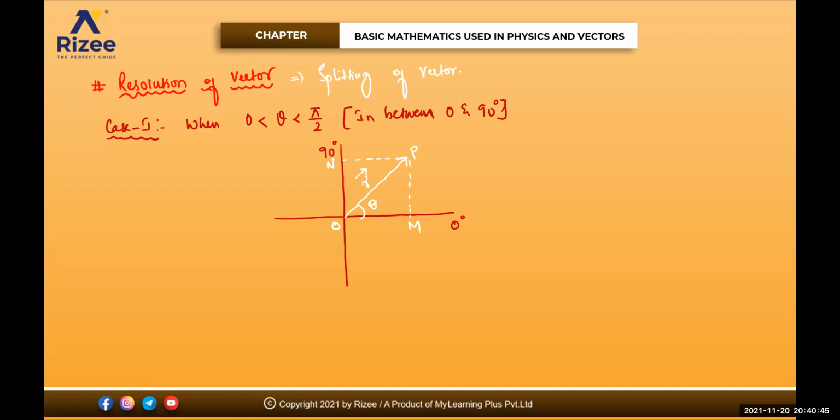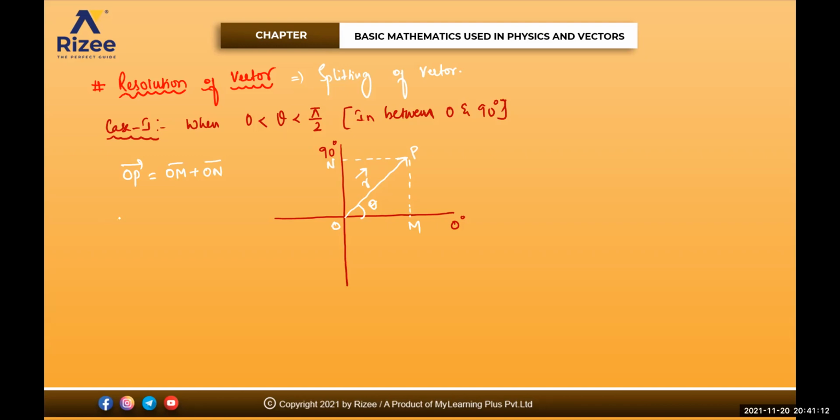Now see, I'll do the first one in detail. From the second onwards, I'll write the answer directly. If I write the vector, I'll be writing like this: OP bar will be equal to OM bar plus ON bar. Clear?